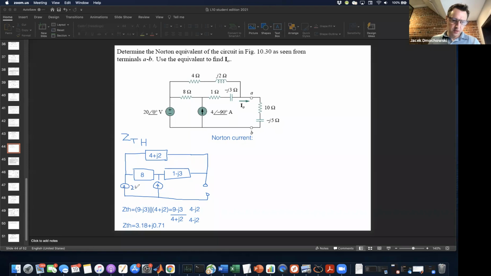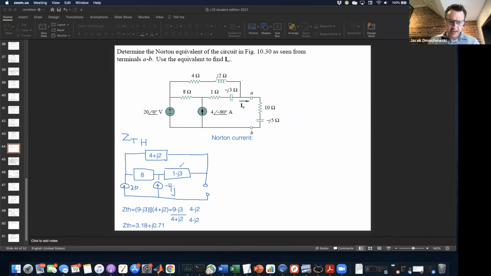This is 20, and this can be written as negative 4j if you want, because 4 with a polar angle of minus 90 is just 4 pointed down the imaginary axis, which is minus 4j.